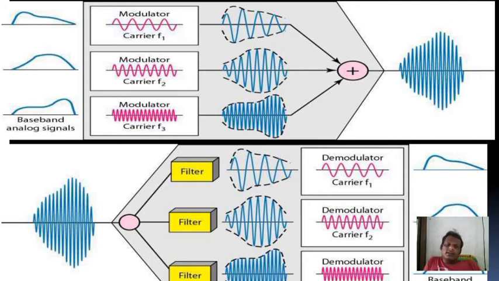Then at the receiver side, a decommutator, then you have demodulators. If you observe this diagram, each user is utilizing a separate frequency, like carrier frequency 1, carrier frequency 2, carrier frequency 3, and so on. Each user has a separate frequency, and if that user is not using that frequency, it is wasted.